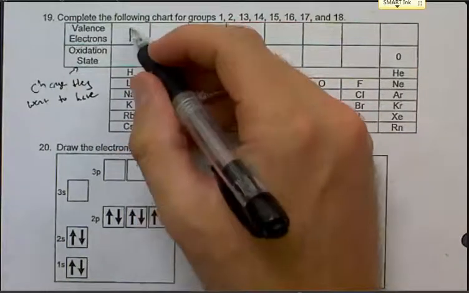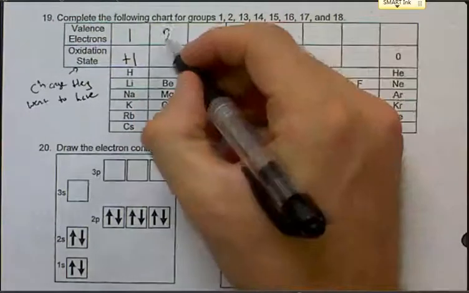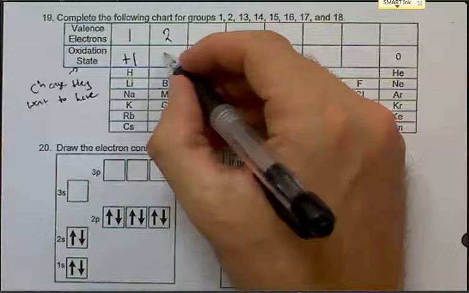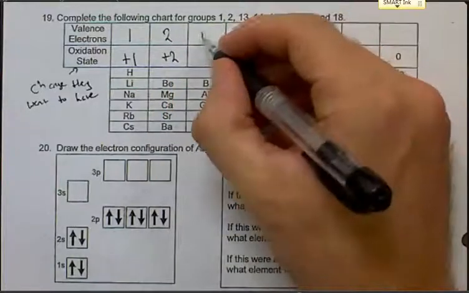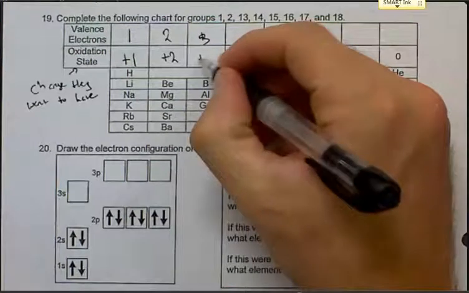So they're going to lose that 1 valence electron, which means they're going to end up with a +1. Beryllium, magnesium all have 2 valence electrons, which means they're going to lose them both. Boron and aluminum and all that have 3 valence electrons, so they're going to lose them.